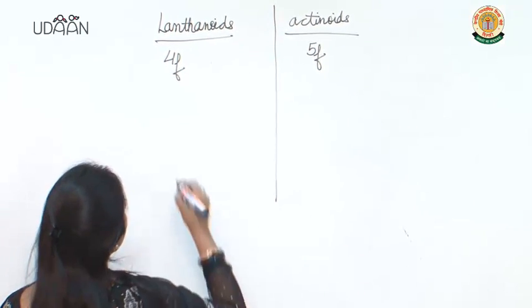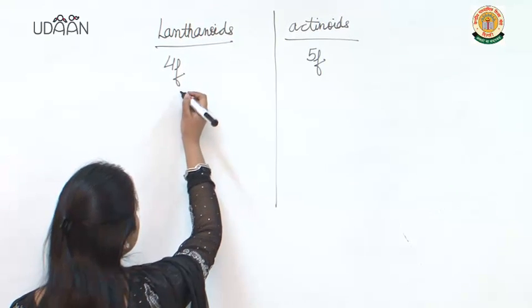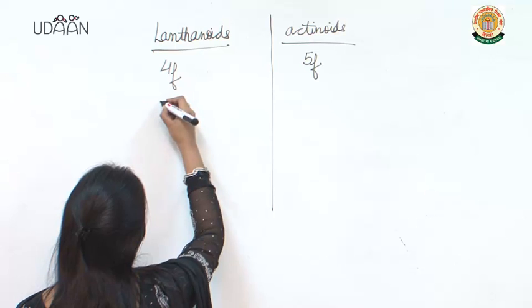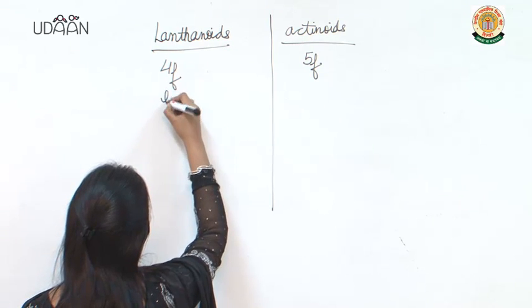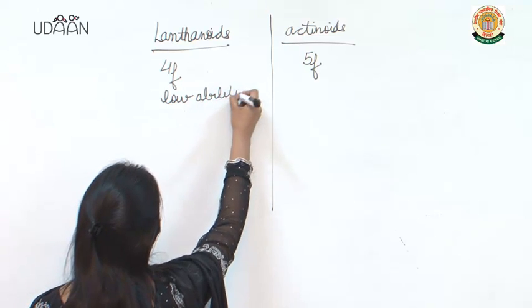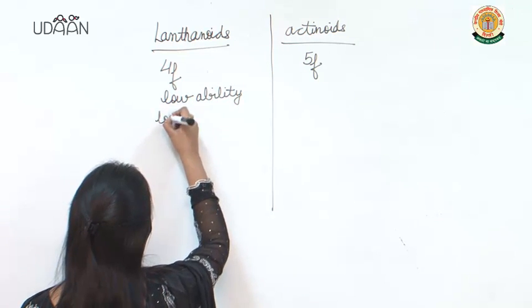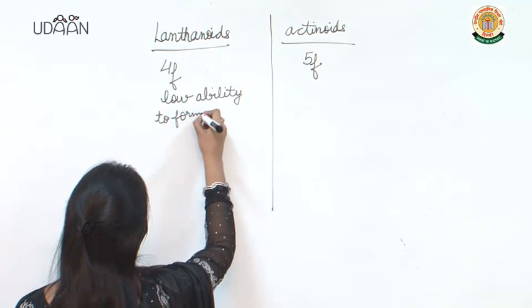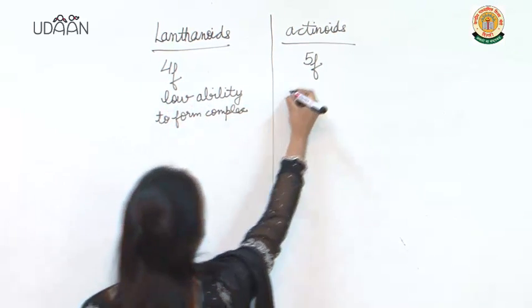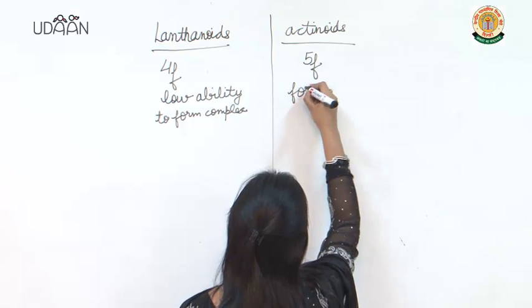When we talk about the complex forming ability, in lanthanoids the complex forming ability is low. Low ability to form complexes, but they can form complexes.